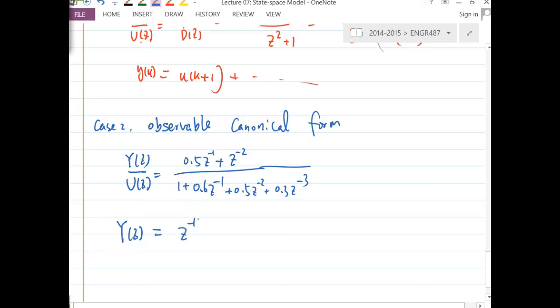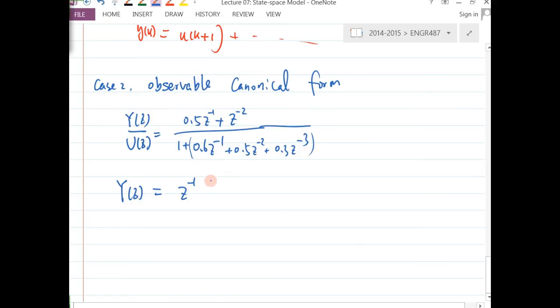See if you can catch this. Basically multiply the u with the numerator and multiply the y with the denominator. Then move all the y's, multiply this whole chunk to the right side and combine with the u of z over there, with some groupings here.